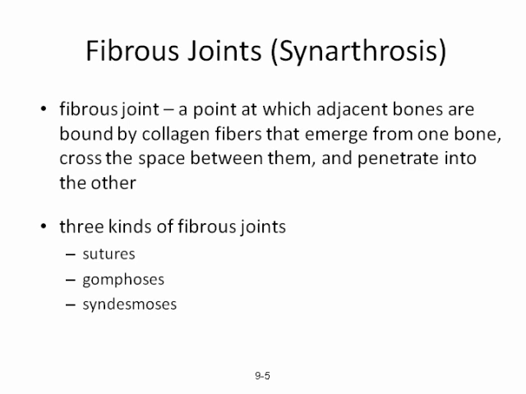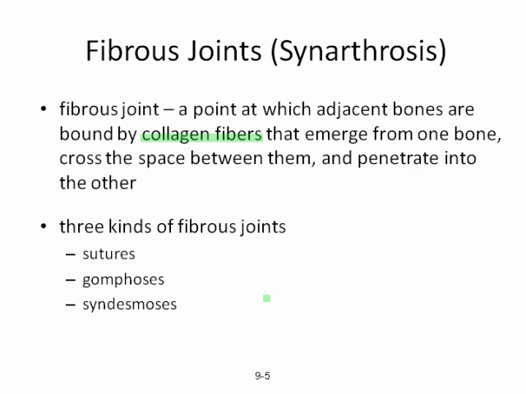Fibrous joints. This is type 2 of our joints that we need to consider. What we see with a fibrous joint is a connection between two bones that relies on collagen fibers. It relies on that collagen to form a connection.